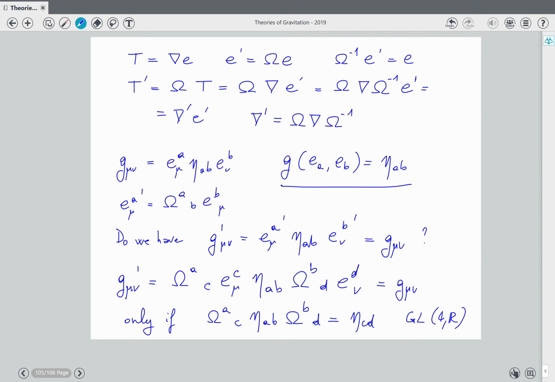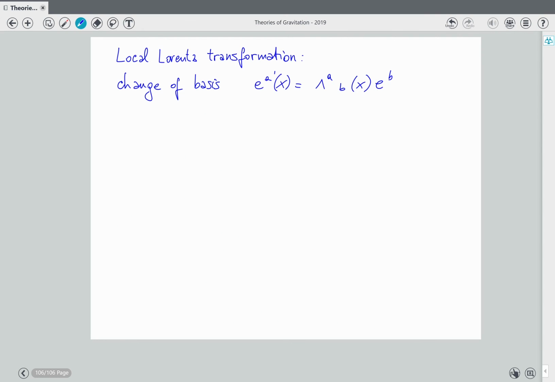Remember, this is a generic, but it's a Lorentz transformation for every point x. So Lorentz transformation.